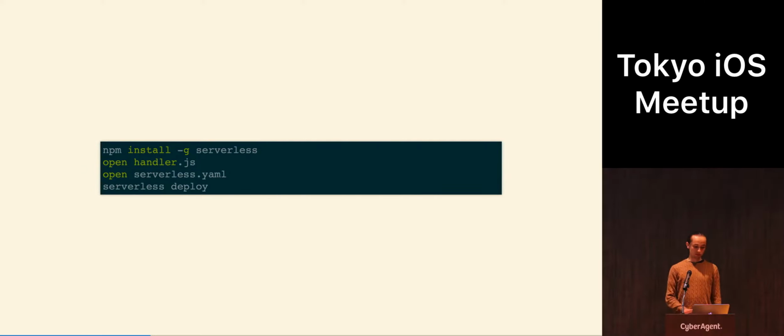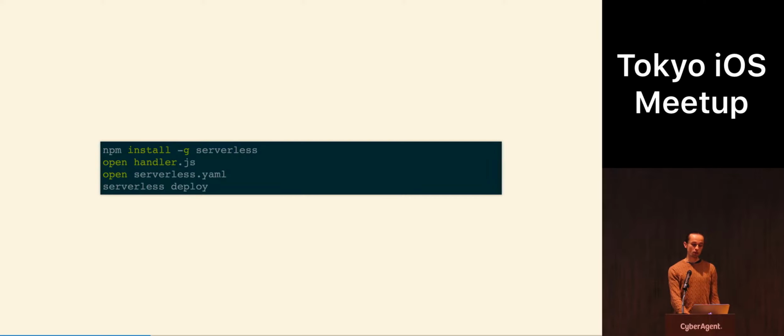For most of you it's probably a new thing. To install it you need npm on your machine, and it's basically npm install -g serverless. Then, to create a Lambda function, you need to create the code for the handler. In this case, I will create it in JavaScript for now.